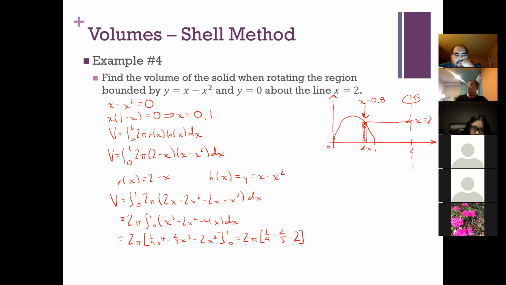And that should not be coming out negative. Did I do something wrong? I think you distributed it wrong. Oh, yeah, that third number should be 2x squared. So 2x minus 2x squared minus x squared.